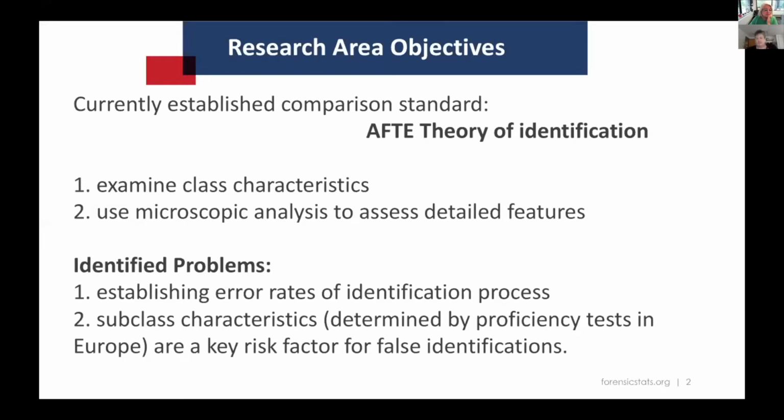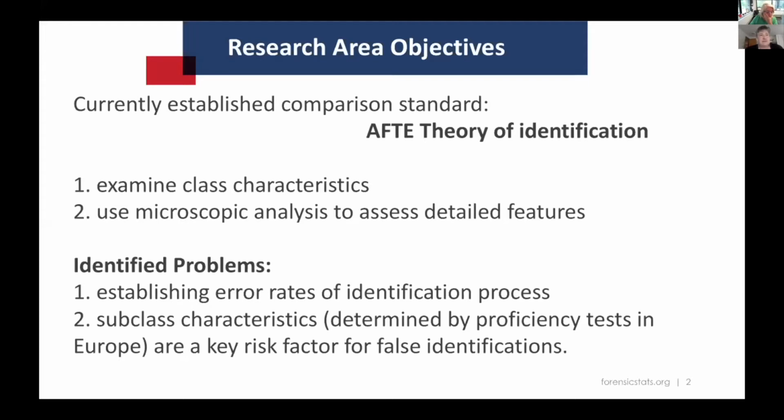So there's been, in the past, starting in 2009 and then repeated in 2016, some criticism from the scientific community in terms of the scientific foundation of the identification process, in particular about problems with establishing error rates in this identification process. An additional problem was shown to come up in proficiency tests in Europe, where subclass characteristics are concerned.